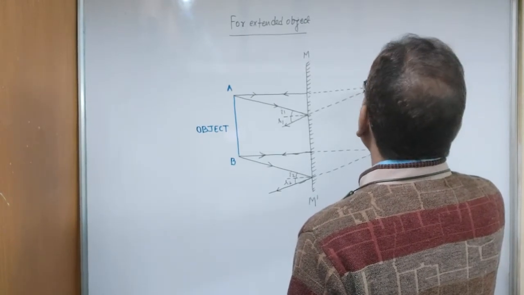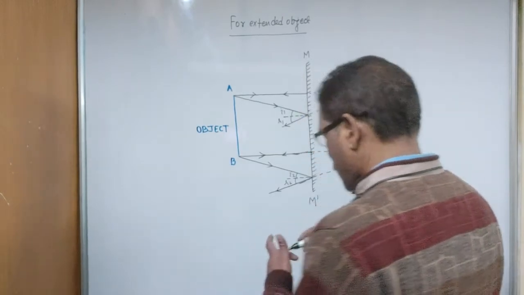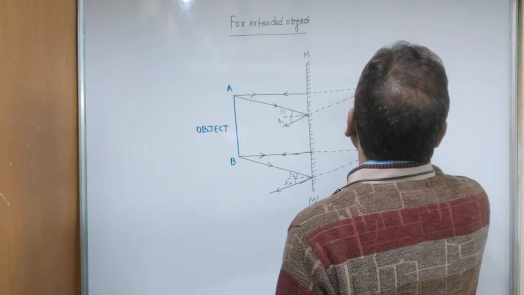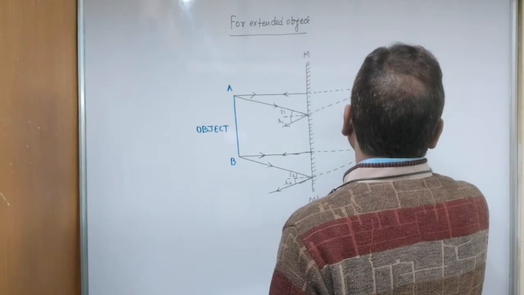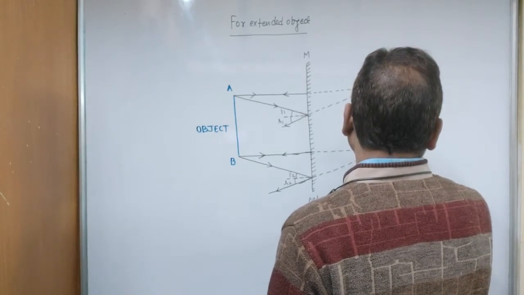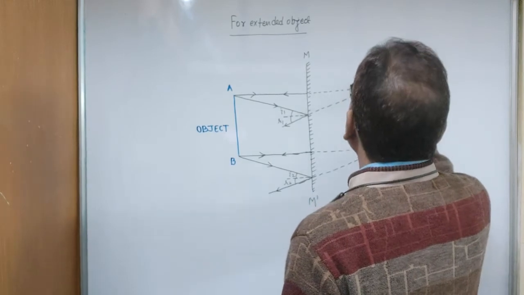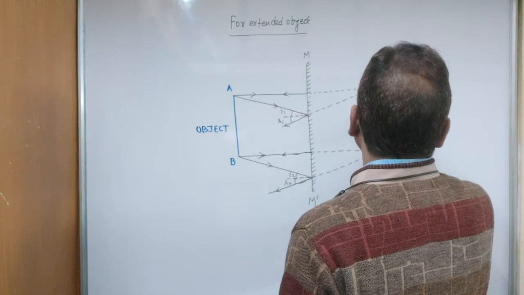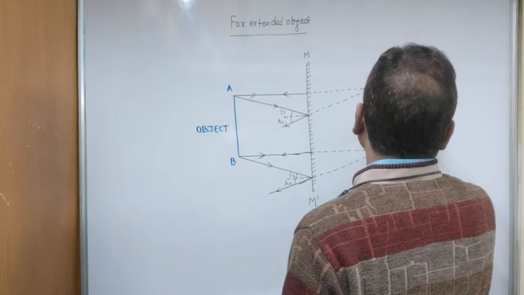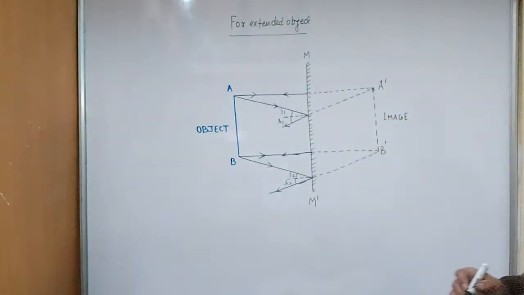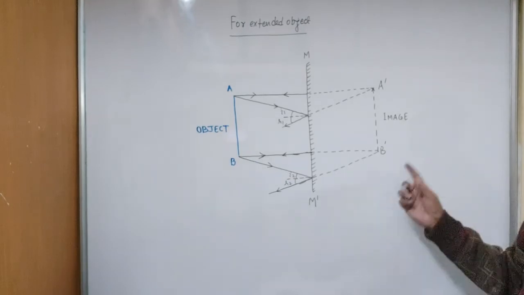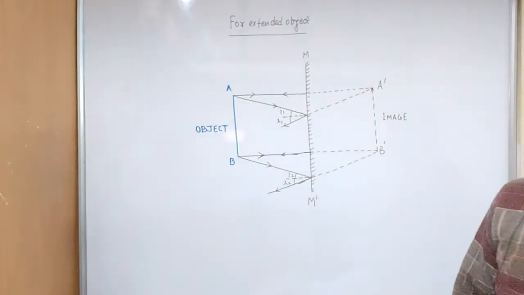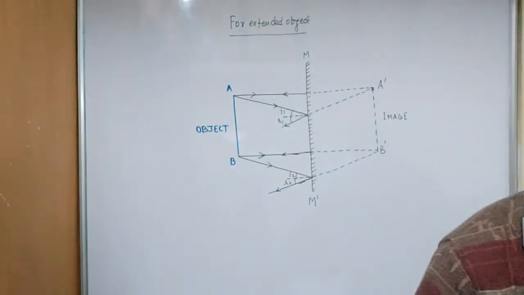So you will get an image somewhere here. You can name it as A dash B dash. A dash B dash is the image of AB. So in case of an extended object, you will draw the ray diagram in this way.